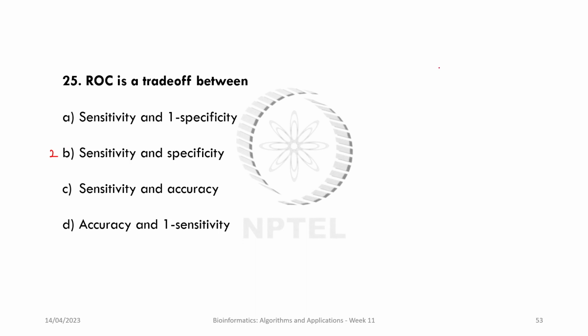Think about what is the plot for receiver operating characteristic, or ROC. What's on the x-axis and what's on the y-axis?